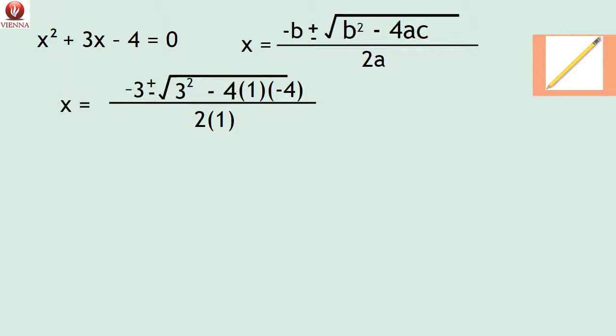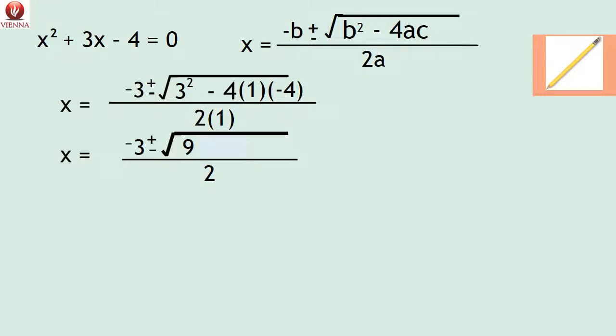All right, so you begin to solve for the radical. And so it's negative 3 plus or minus 9. We get the 9 from the 3 squared. 3 times 3 is 9. Now we have minus 4 times 1 times negative 4. So if you just do it out one step at a time, minus 4 times 1, that's negative 4, times negative 4.